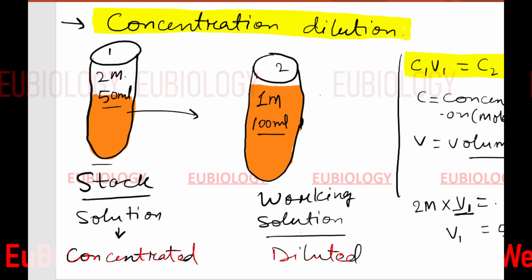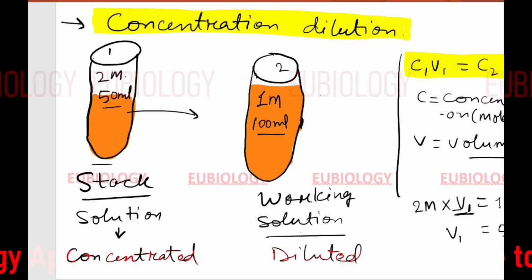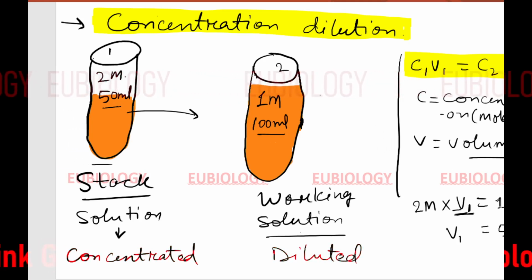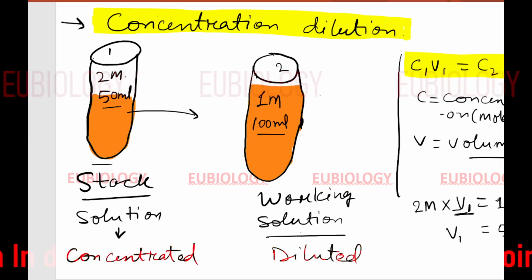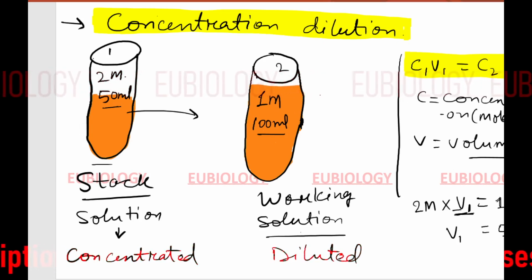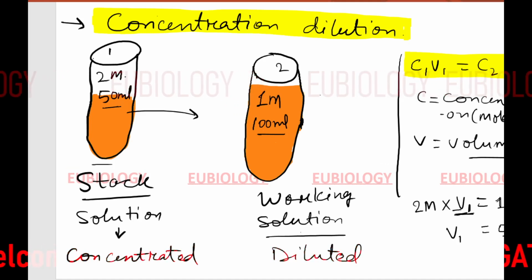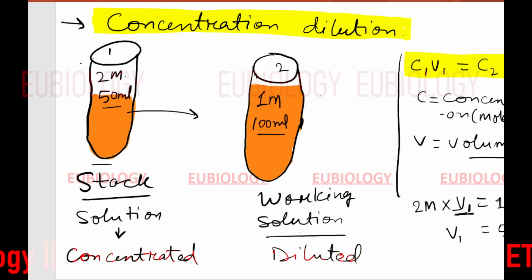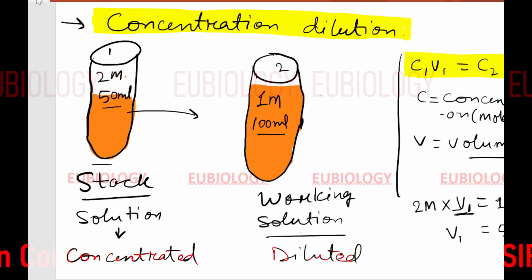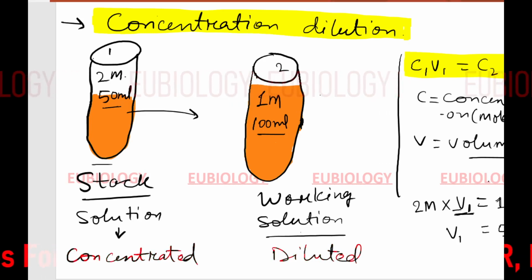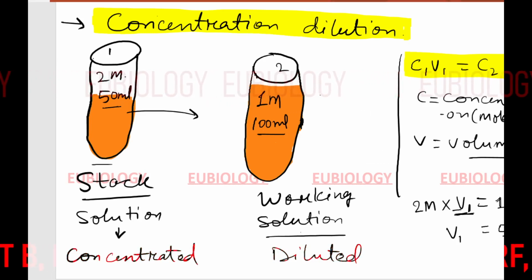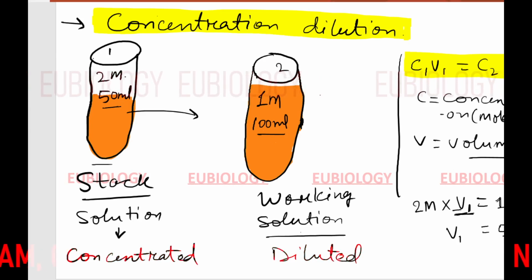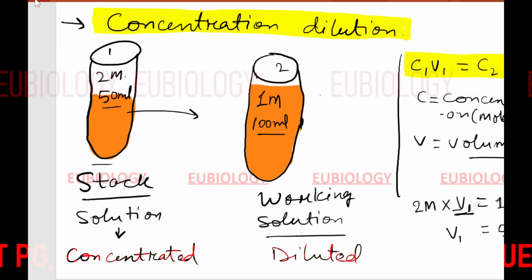Now how much molar I want, 1 molar, and how much ml I want to make. Suppose I want to make 500 ml. Wait, 500 cannot be possible from 50 ml, so I am changing it a little bit.